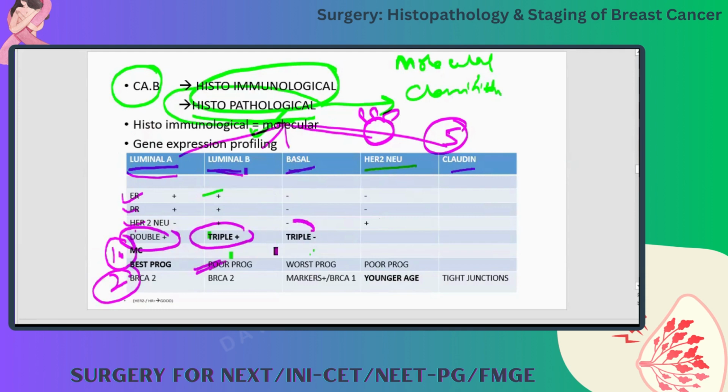Basal is triple negative. It has the worst prognosis. These 3 I want you to remember: luminal A, luminal B, basal. Basal worst, triple negative. Triple positive is luminal B. Double positive is luminal A. Clear? Yes, sir.